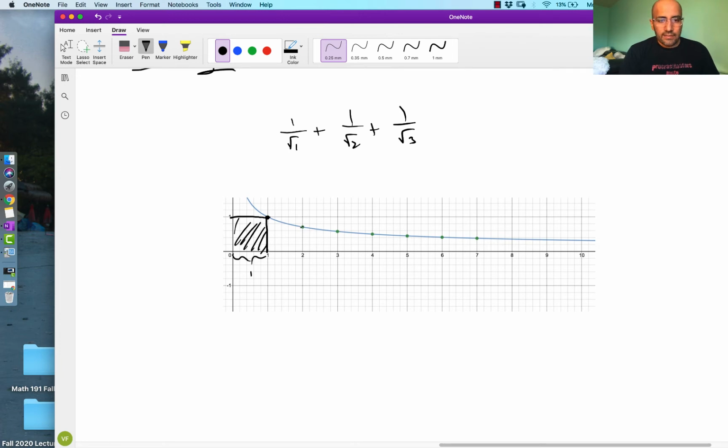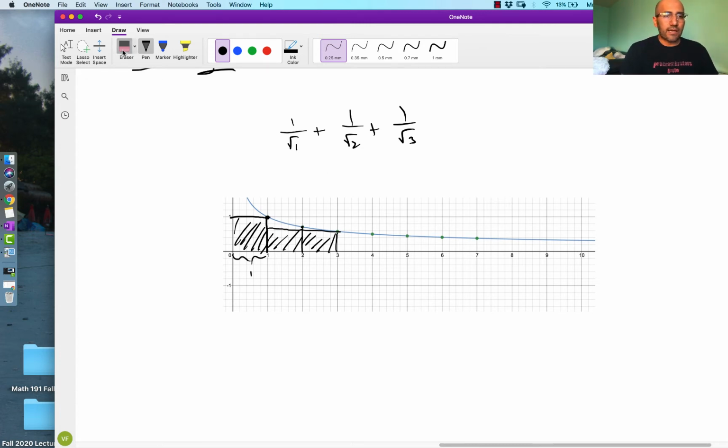So this guy is going to be 1 over root 2. And if we go this way, we get this. But that's what we did last time. We just kind of went to the left. And then we showed that the sum of all of these rectangles was less than the area underneath the function, which involved an integral.